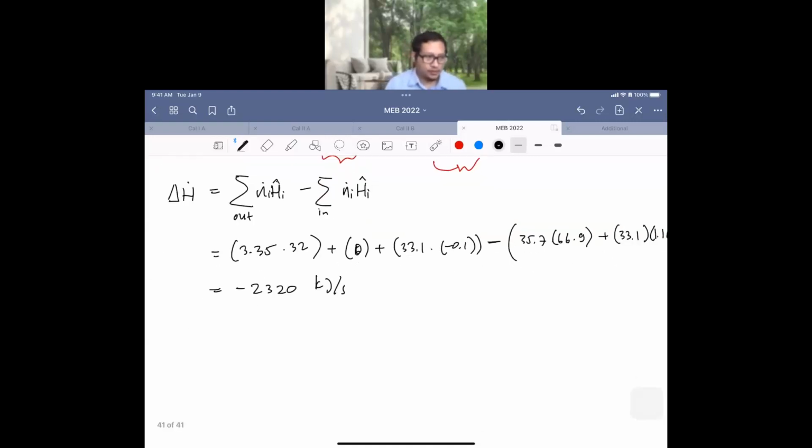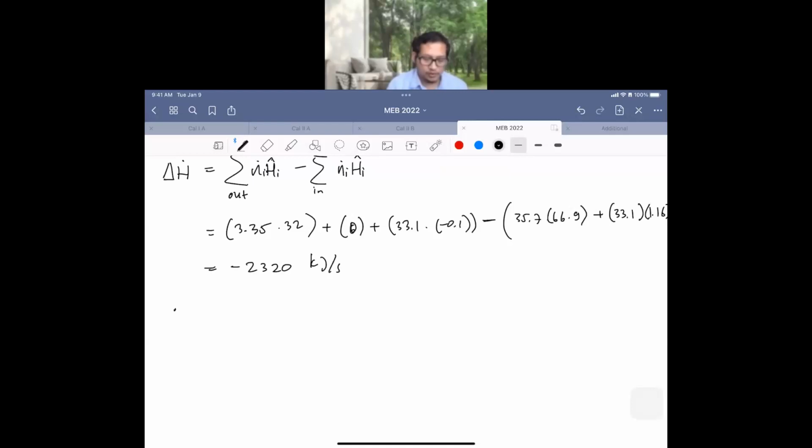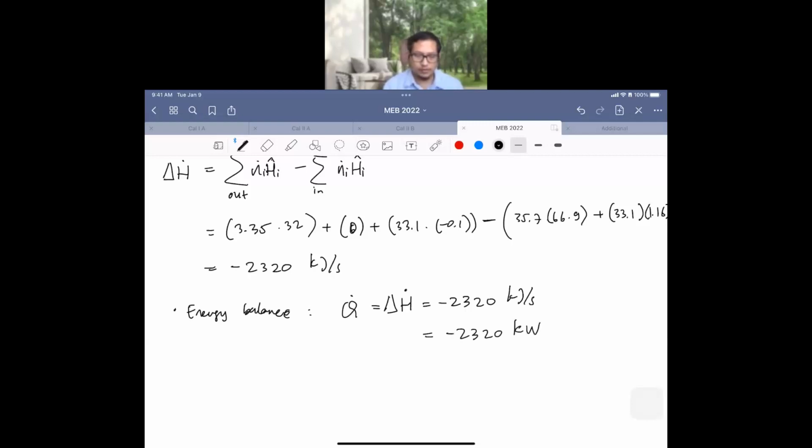Okay, and then we solve for energy balance. Since there are no other terms, we could write the energy balance as the heat flow equal to the delta of the enthalpy. This is negative 2,320 kilojoule per second, or we could convert directly to negative kilowatt.